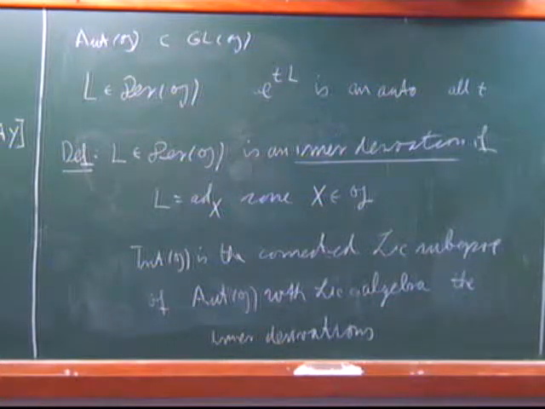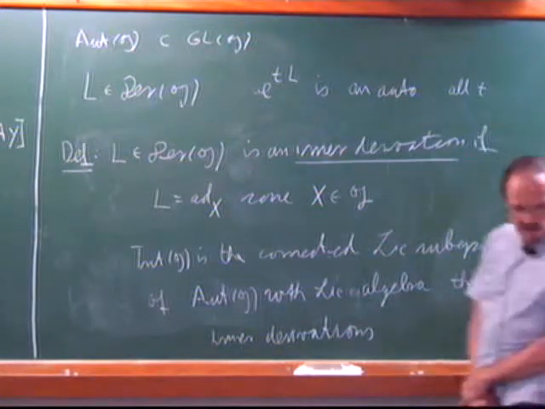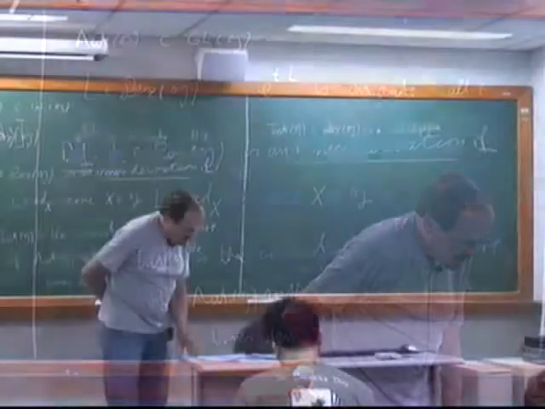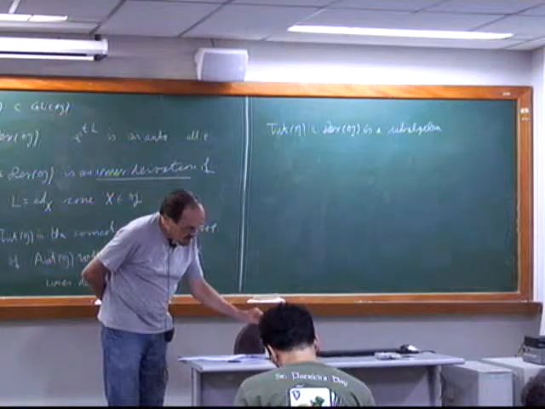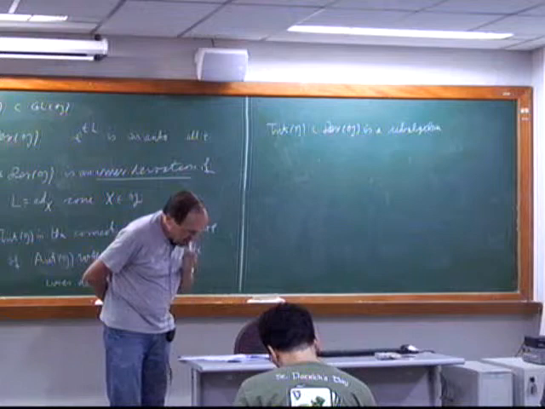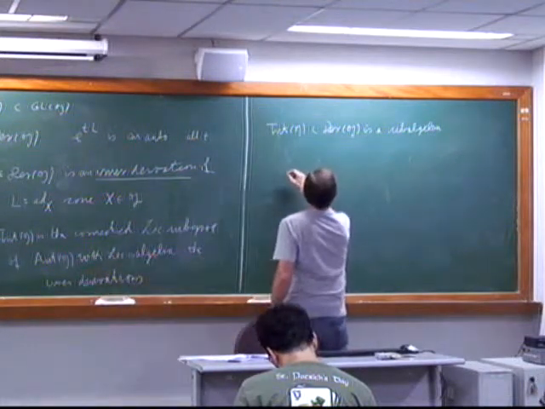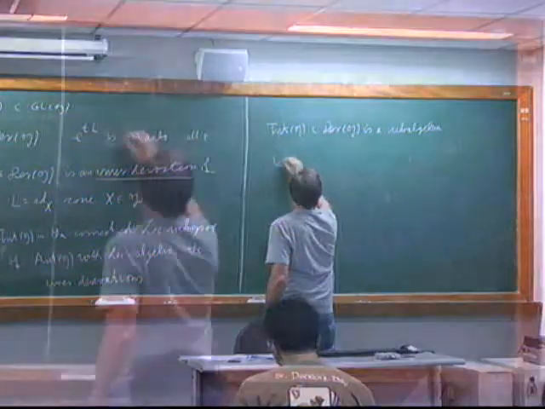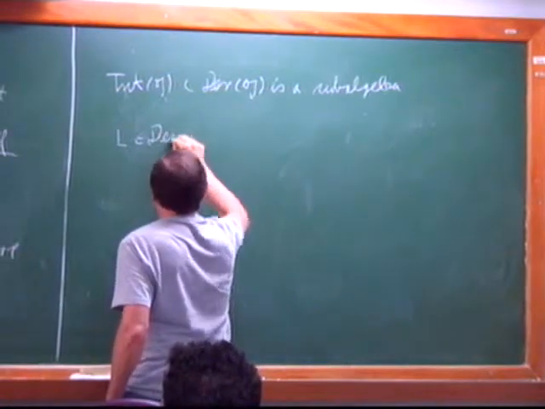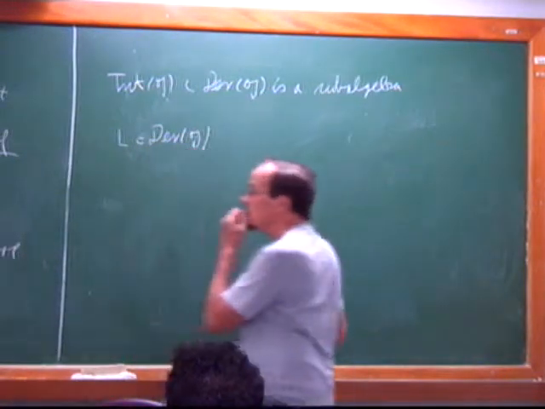In fact, it's better than that. Let's see, it's another equation I can write down for derivations. So let's take L a derivation. So write down the equation and we'll see when we're talking.